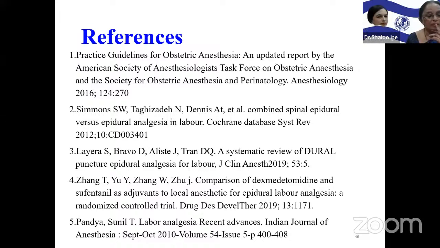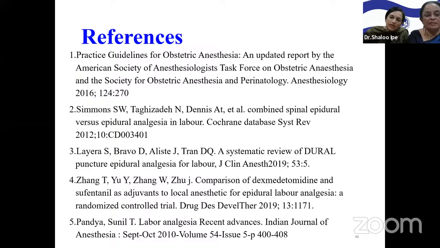Ma'am, the first question is, do only platelets have any bearing on the placement of the epidural, or are other coagulation profile parameters also considered? Usually in our labor suites, we don't check the coagulation parameters unless it is indicated, like in a patient who has hypertensive disorders of pregnancy.